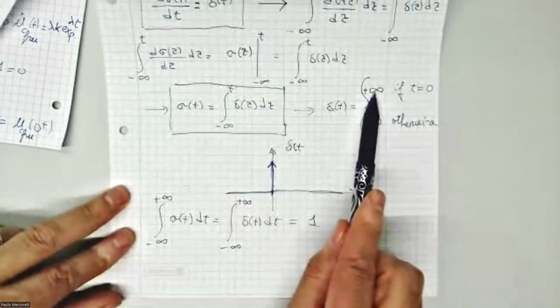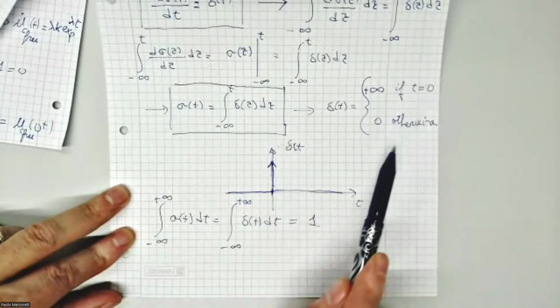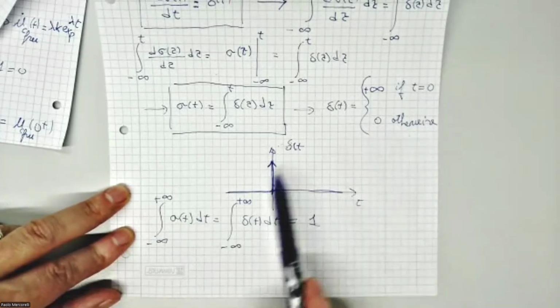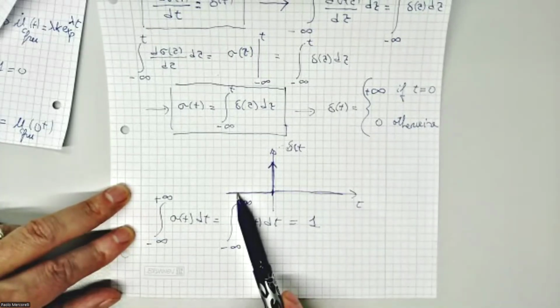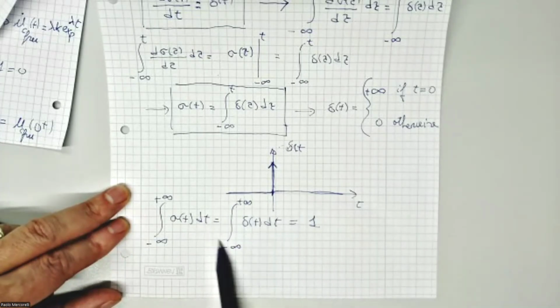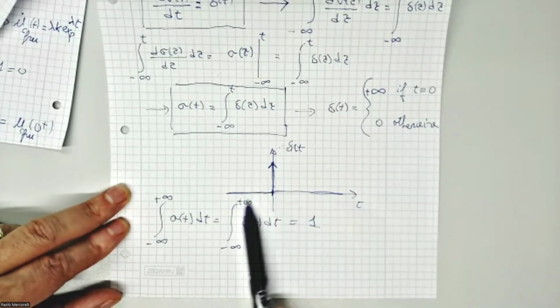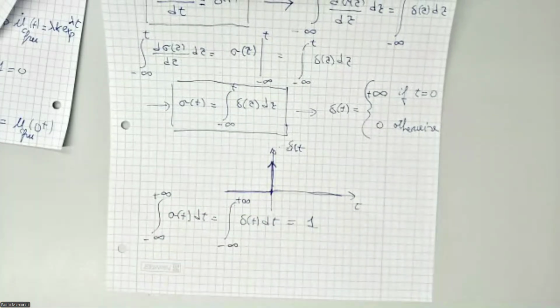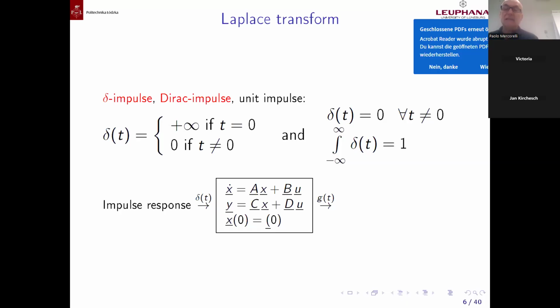Exactly what I told you: at time equals 0, and 0 otherwise, for t different from 0. You remember this? This came from what I told you before. And in fact, if you come back to the lecture, there was all this information in the definition, exactly what I told you.